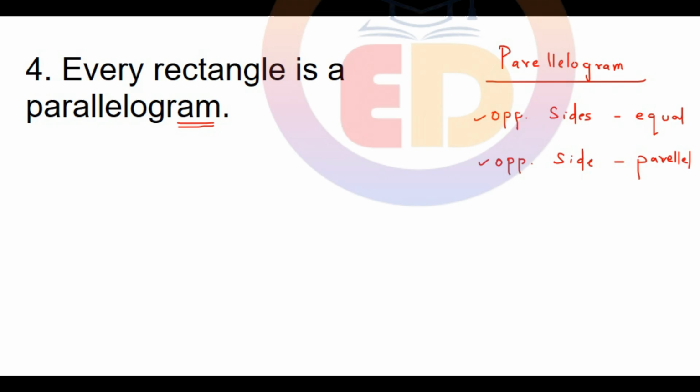Now let us look at the rectangle. This is a rectangle. A, B, C and D. Opposite sides AB and CD, they are equal and parallel.